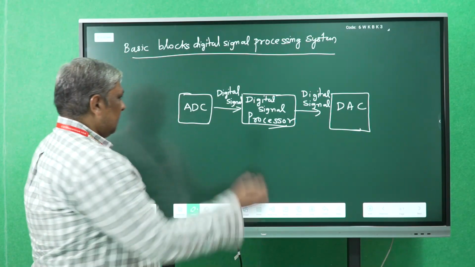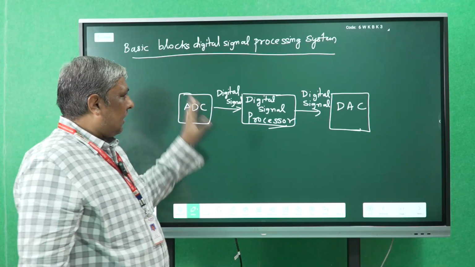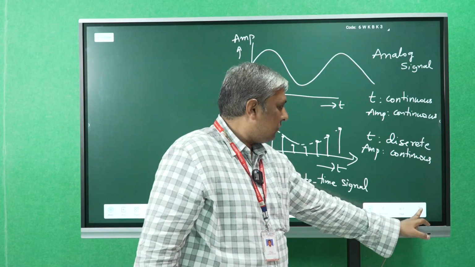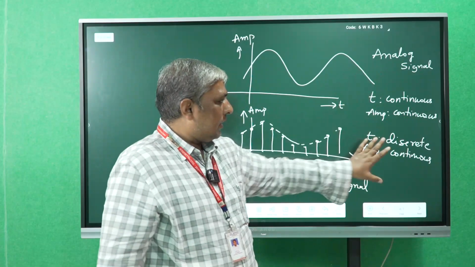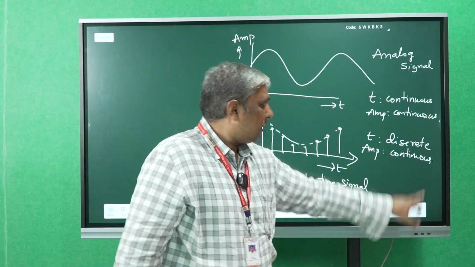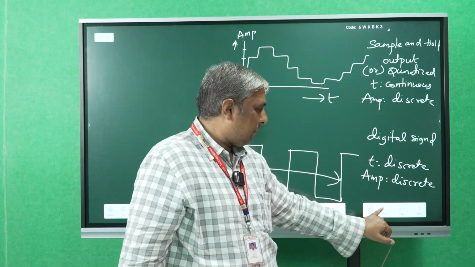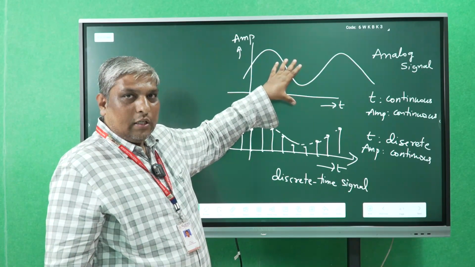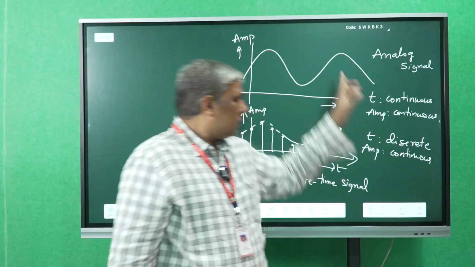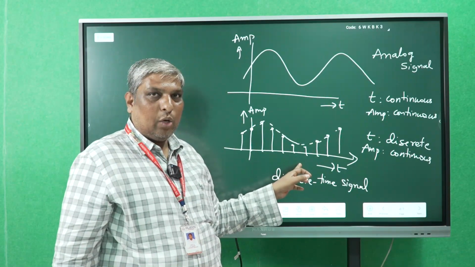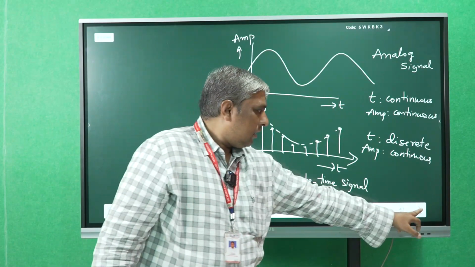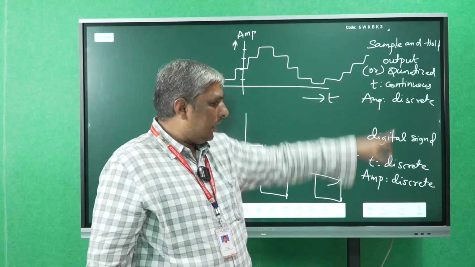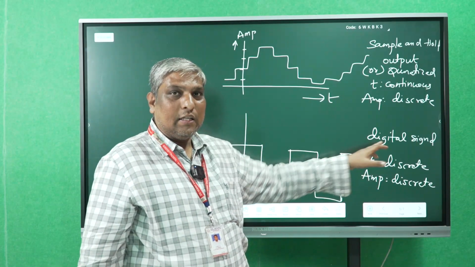Okay. Already I have discussed the concepts of analog signals and discrete time signals; here it is a quantized signal and this is a digital signal. To convert an analog signal into a digital signal, first discretization is carried out on the time axis, and also discretization is carried out on the amplitude axis. Then I can get the digital signal.